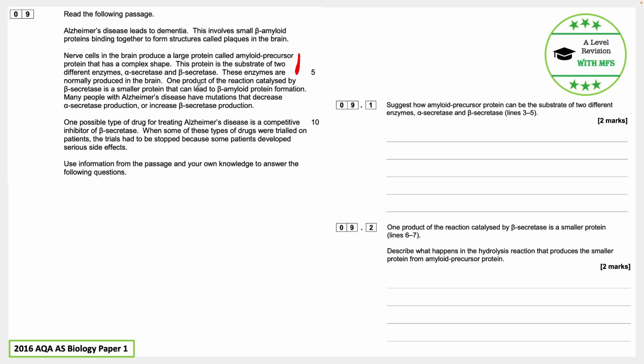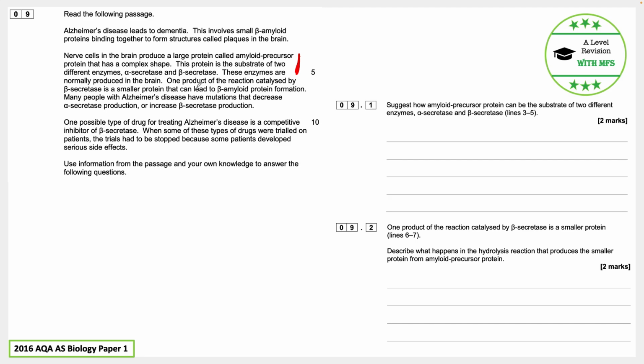Now, if we just have a look at that statement, we are given 2 enzymes, alpha secretase and beta secretase, and we're given one substrate, and it's saying that that substrate, it's complementary in shape to the active site of both enzymes. How would that be possible? Because each substrate is specific to each active site.